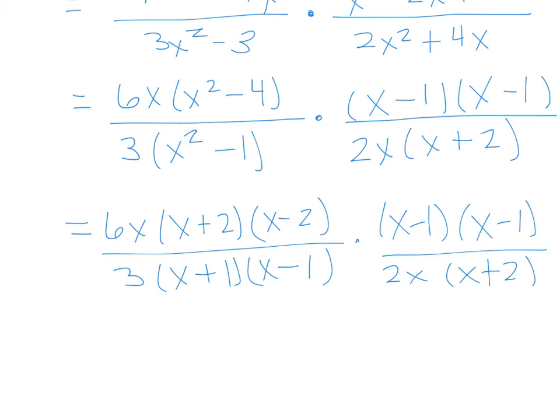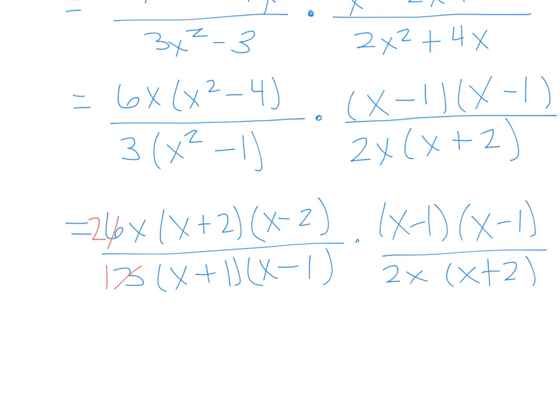And remember, we can cancel across that multiplication. So if we start off, we have a 6 and a 2 in the numerator, and a 6 and a 3 in the denominator. So that 3 goes into that 3 once. It goes into the 6 2 times.